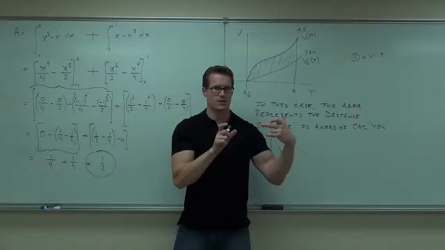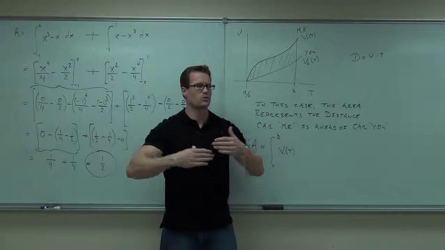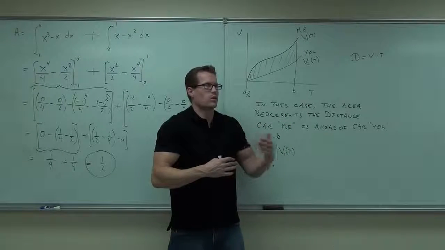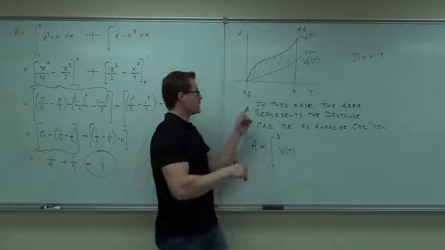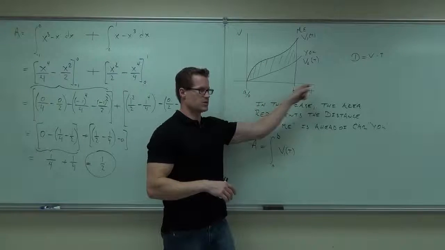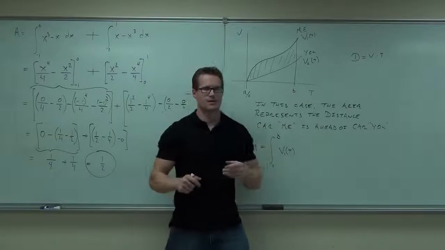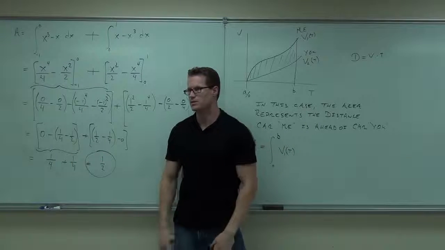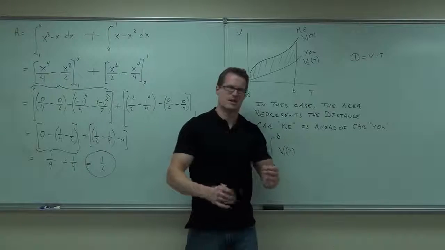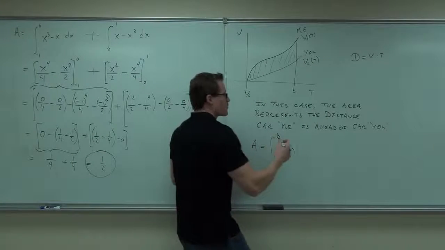Does that make sense? The area between the curves would represent the overall distance that we were apart the whole length of time. Net integral, where you just went from A to B or 0 to B, no matter what happened, is going to say at the end of the game who was ahead. You get the difference there? It's kind of a fine point, but it's kind of an important one.